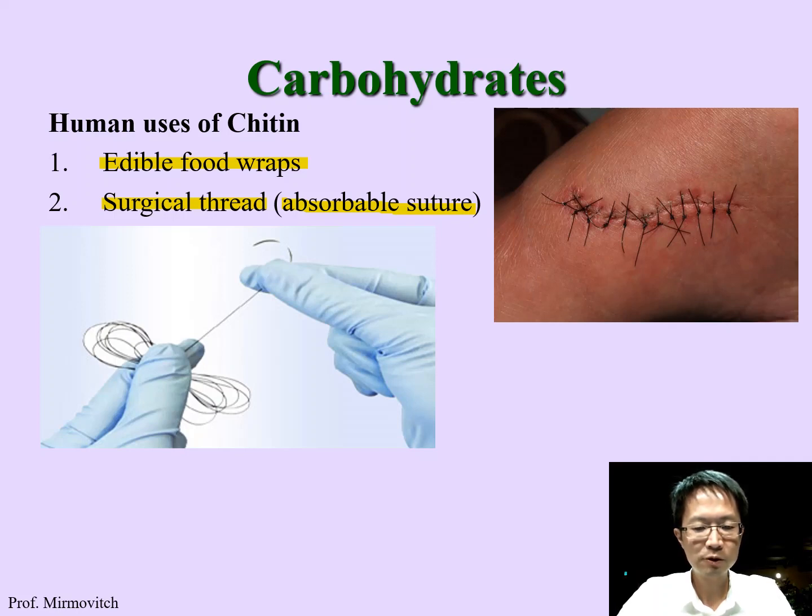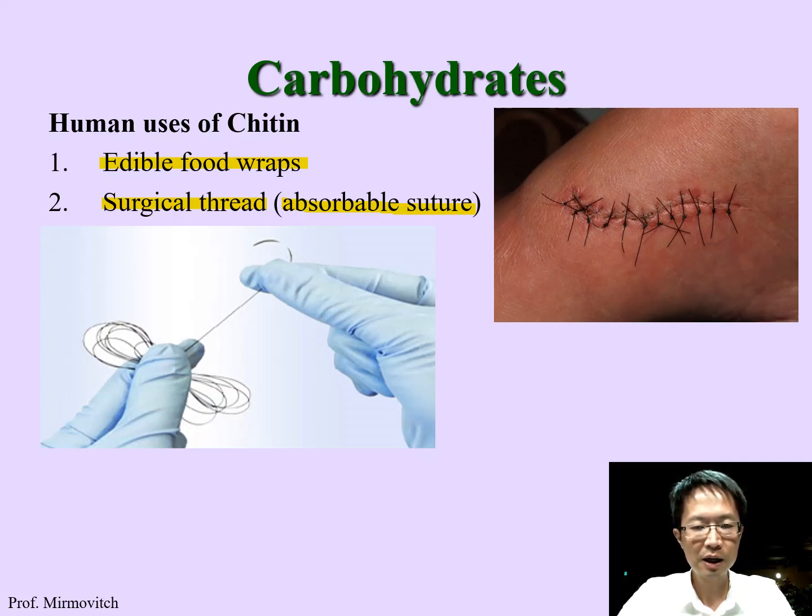The absorbable suture can be used usually inside your body. Usually when the doctor performs surgery inside your body, and there are some organs that the doctor needs to close up, then he usually uses absorbable suture inside your body.